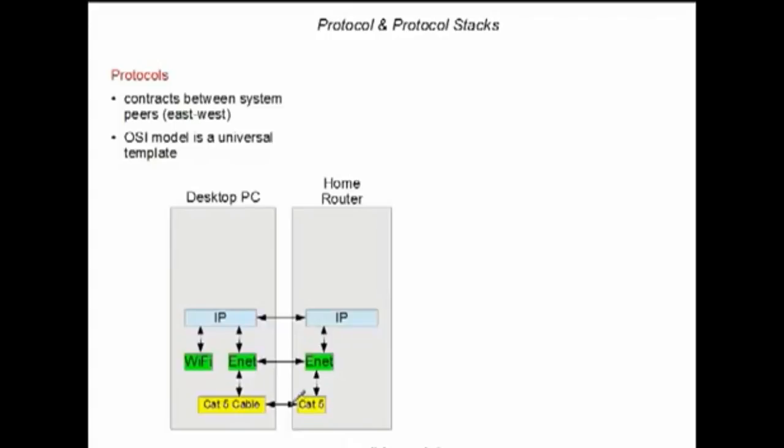And protocols really have a contract. The only contracts that are bound here is a contract between the IP layers, a separate and different contract between the Ethernet layers. The Category 5 cable is a physical layer. So apart from specifying the characteristics of that cable, there's no other contract at the physical layer.